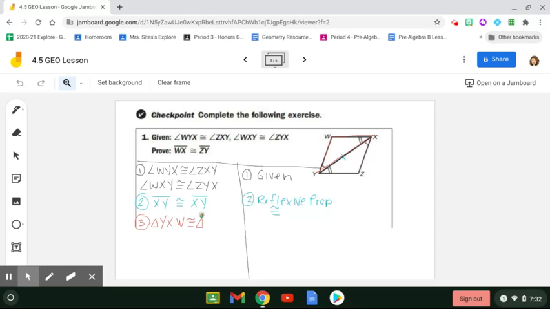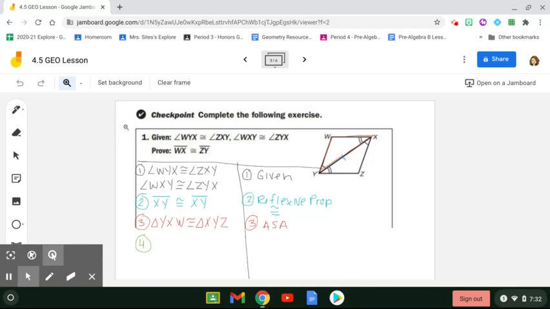I go from the angle with one arc mark, so X, to Y with two arc marks to Z. And since I had an angle, I had a side included and another angle, this is going to be angle, side, angle, triangle congruence.